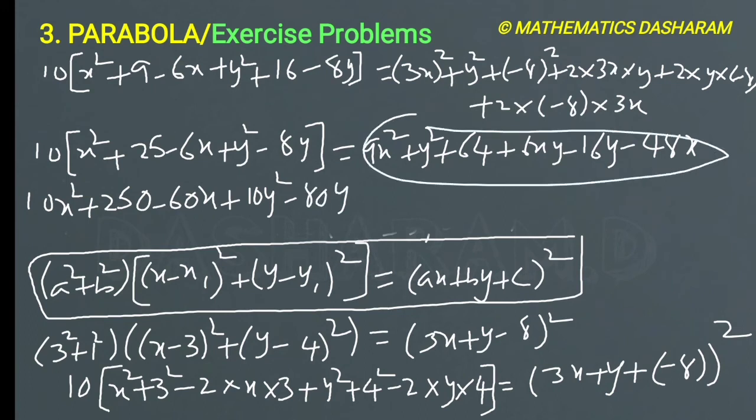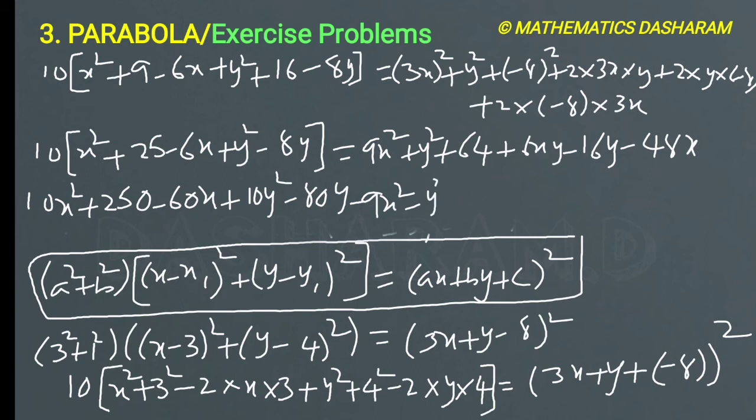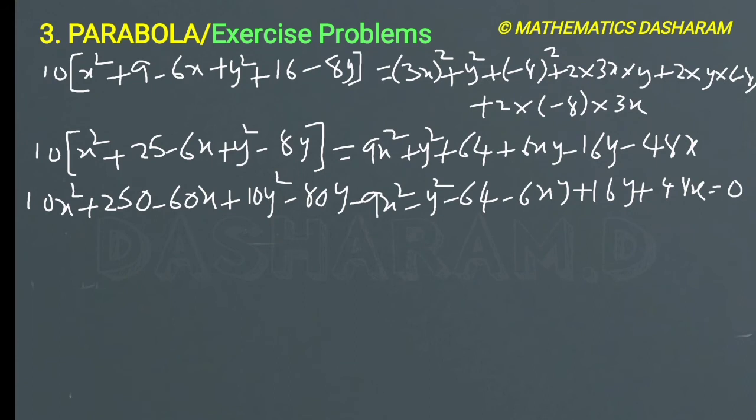Now write these all terms to left side. So minus 9x square minus y square minus 64 minus 6xy plus 16y plus 48x equals to 0. 10x square minus 9x square is just x square, 10y square minus y square is plus 9y square.